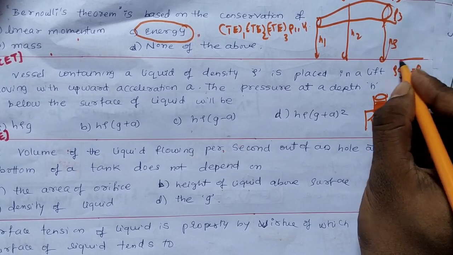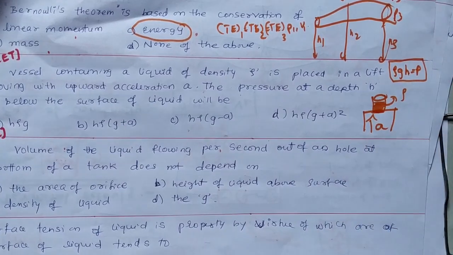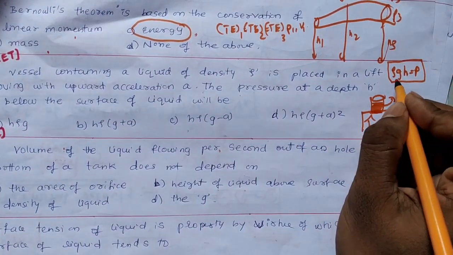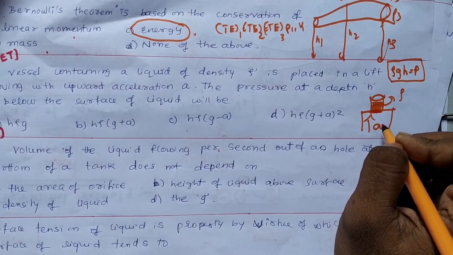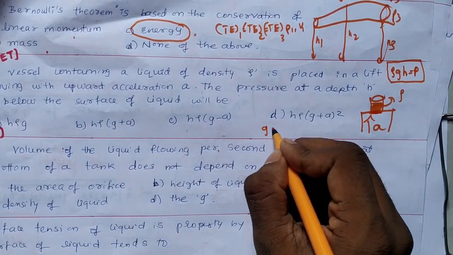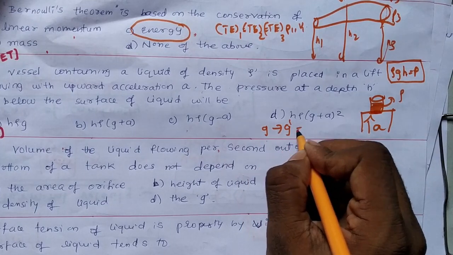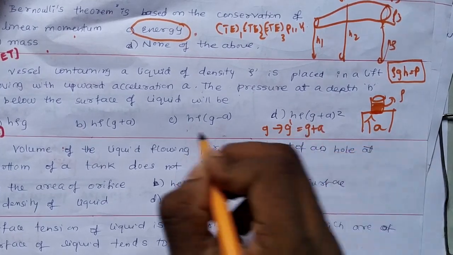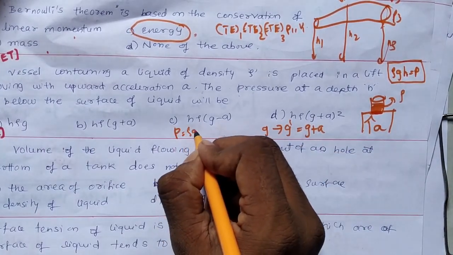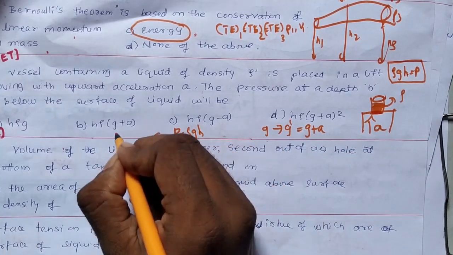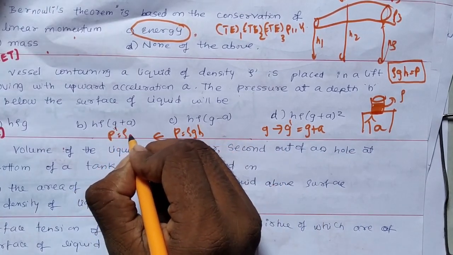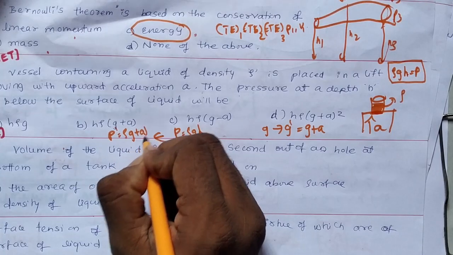This formula you have seen in mechanical properties of fluid in first year. But here acceleration is also applied by the lift, so acceleration g will become g dash, where g dash is equal to g plus a. So your pressure changes from rho g h to p dash equal to rho into g plus a into h.